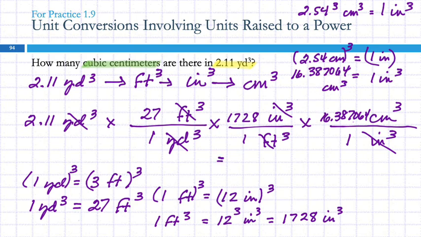So my calculator is showing me a big mess. How many sig figs should that have? 3. Should have 3.